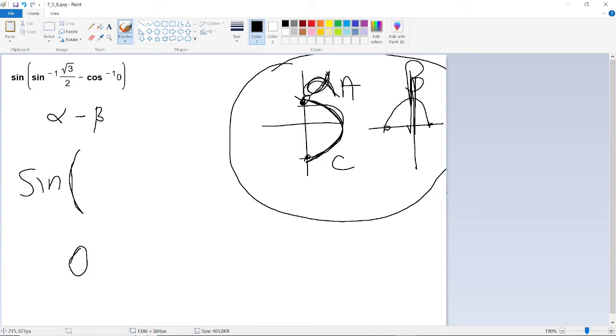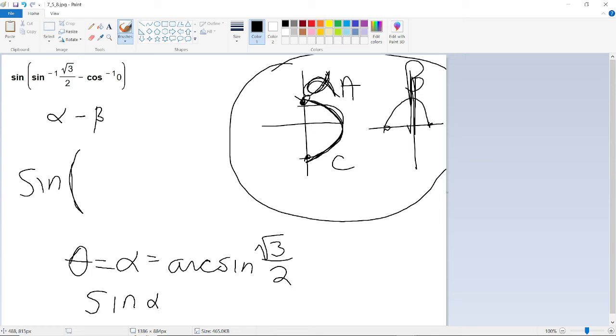Some angle, we'll call it alpha, equals the arcsine, you can write arcsine or sine minus 1, of square root of 3 over 2. So that means the sine of the angle equals square root of 3 over 2.